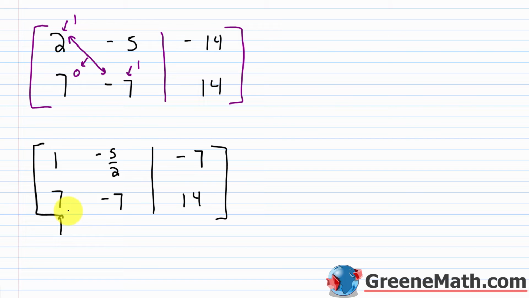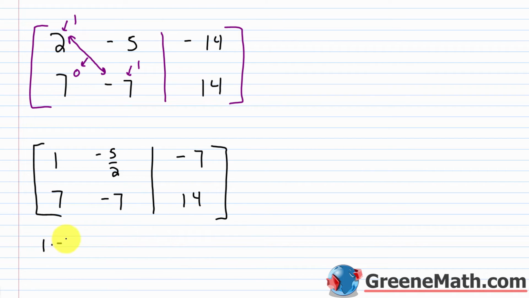So first and foremost, what can I add to 7 to make it 0? Well, obviously negative 7. So that means I need to multiply 1 by some value, and it needs to give me negative 7, so that when I add it to 7, I get a value of 0. So 1 times what would give me negative 7? 1 times negative 7. So that means I'm going to multiply row 1 by negative 7. And when I do that, what am I going to get?